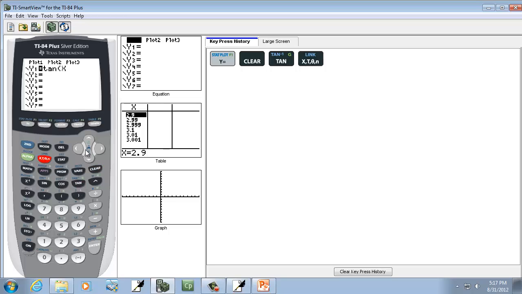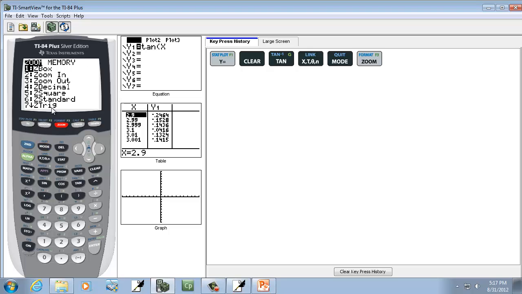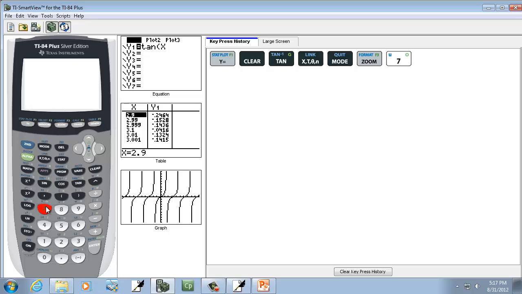Press mode, and make sure I'm in radians, which I am. If you're not, down arrow to that line and press enter on radians. Then choose zoom, and choose ZTrig, number 7. And that's what tangent looks like.